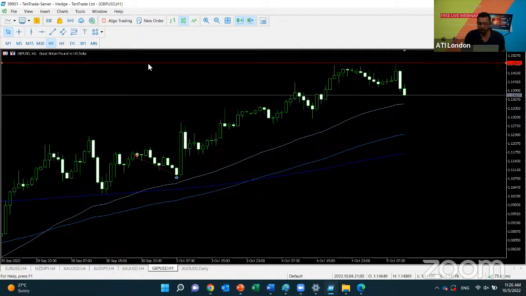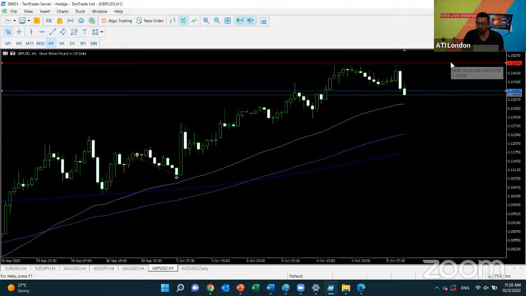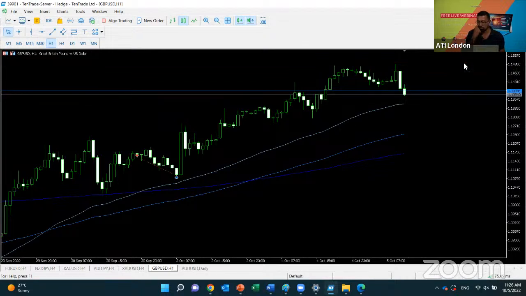So what we do is, imagine if prices were to go up, we want to lay out a single horizontal line above the current price based on the psychological number. The best psychological number closest to the price now on the upside would be 1.1400.